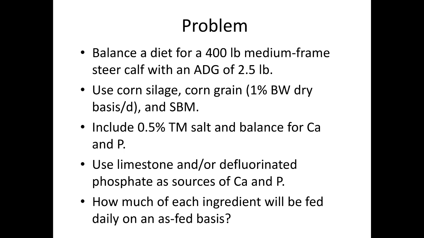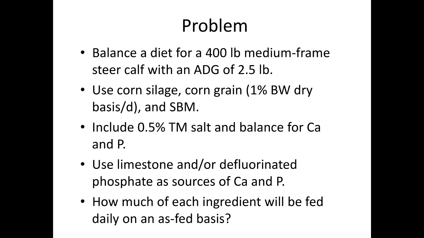We have at hand corn silage, corn grain, and soybean meal, which I'll abbreviate as SBM. And the corn grain should be fed at 1% body weight on a dry matter basis per day. So we have a specification here that corn grain needs to be fed at 1% of the body weight, dry matter basis per day.